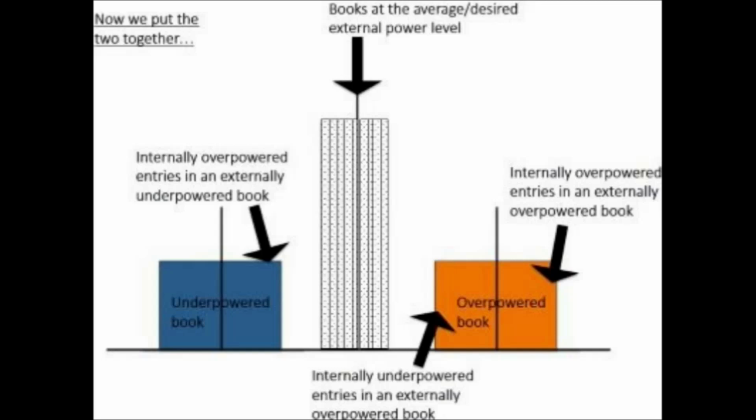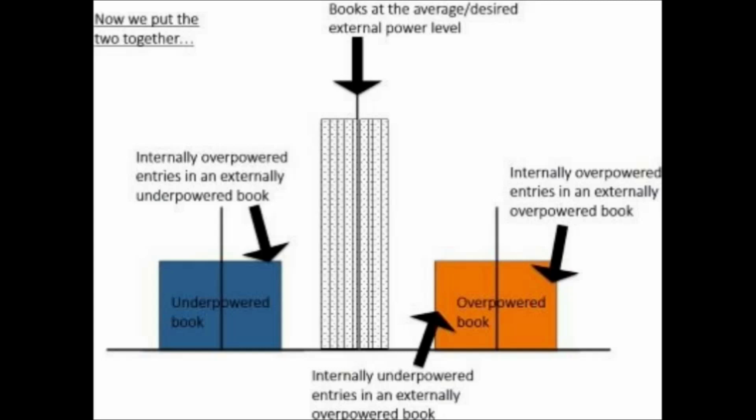Let's look at the overpowered book, the orange one. There, on the most left part of the orange book, we've got the entries which underperform or are much less taken than the average, and even far less taken than the most often taken ones, the ones which are perceived to be the strongest, the most point or cost efficient entries of the book.